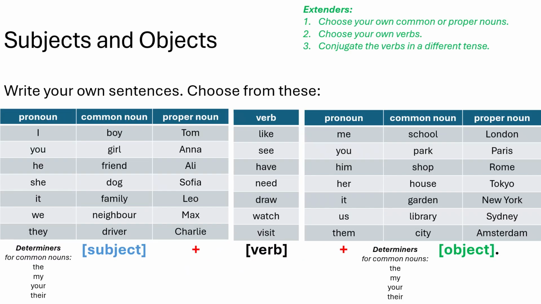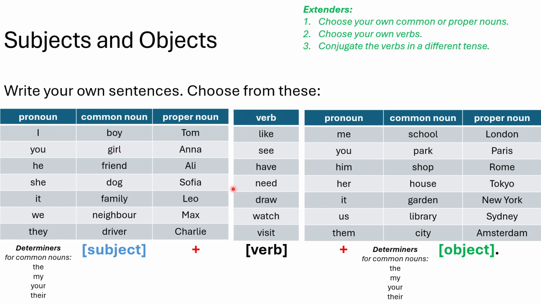Write your own sentences. Choose from these subject pronouns, common nouns, and proper nouns, these verbs, and these object pronouns, common nouns, and proper nouns. It is important to know that pronouns can change depending if it is the subject or an object of a sentence.